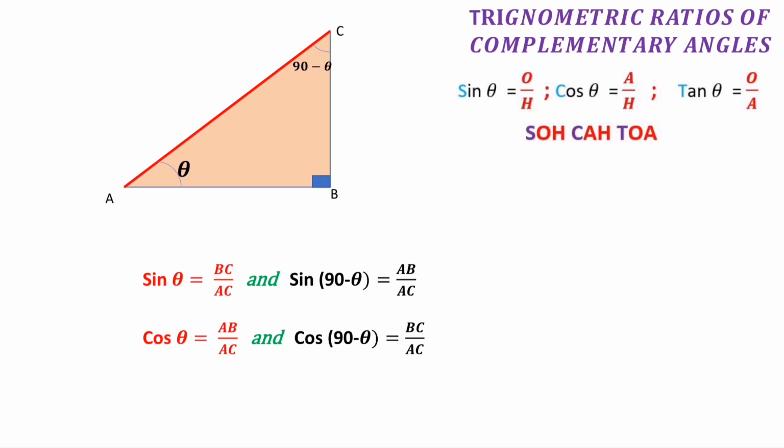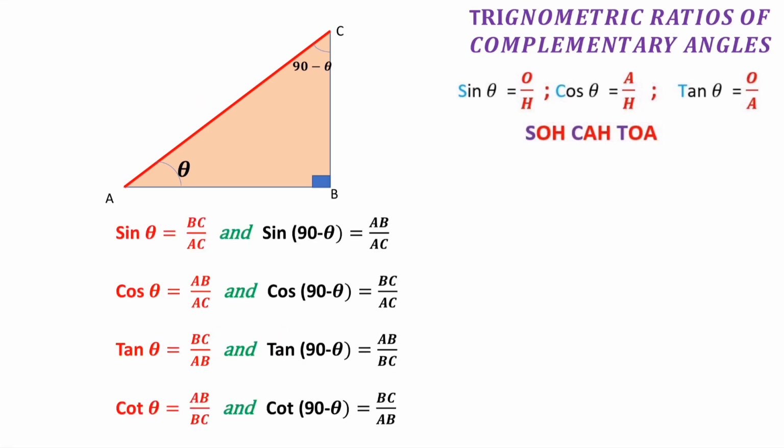With respect to this angle, AB by AC is cos theta and cos 90 minus theta is adjacent side BC by hypotenuse AC. Similarly, tan theta is opposite by adjacent: BC for theta and adjacent side AB. And tan 90 minus theta, opposite side is AB, adjacent side is BC. And since cot is the multiplicative inverse, that will be AB by BC and BC by AB.